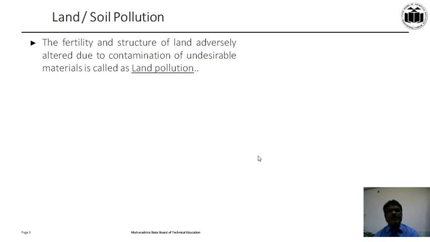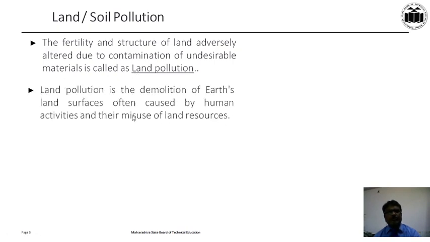The fertility and structure of land adversely altered due to the contamination of undesirable materials is called as land pollution. The land pollution is the demolition of Earth's land surfaces often caused by human activities and their misuse of land resources.